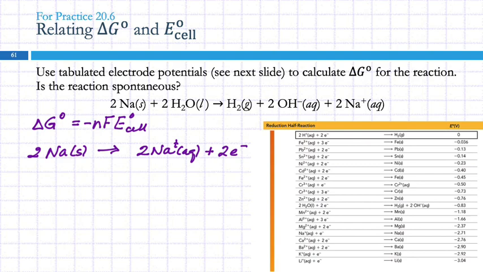Or I can tell that I need to add negatives here to make the charge equal on both sides. So that's one half reaction. And the other half reaction is the rest of the pieces in there. 2H2O liquid going to H2 gas plus 2 hydroxide.